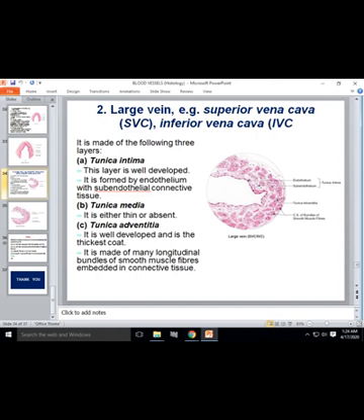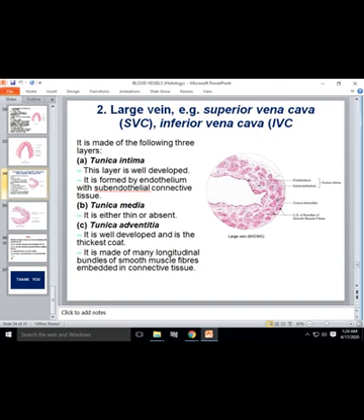Then comes the tunica adventitia. It is well developed and is the thickest coat. It is made up of many longitudinal bundles of smooth muscle fibers. These are bundles of smooth muscle fibers on cross section. You have seen they are longitudinally arranged.